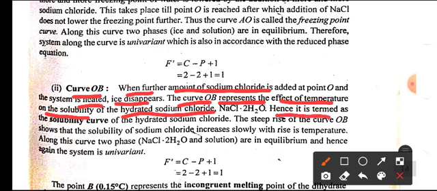Hence, it is termed the solubility curve of the hydrated sodium chloride. The steep rise of the curve OB shows that the solubility of sodium chloride increases slowly with rise in temperature. Along this curve, two phases are in equilibrium: one is the solution phase and another one is hydrated sodium chloride. Hence, again, this system is univariant.